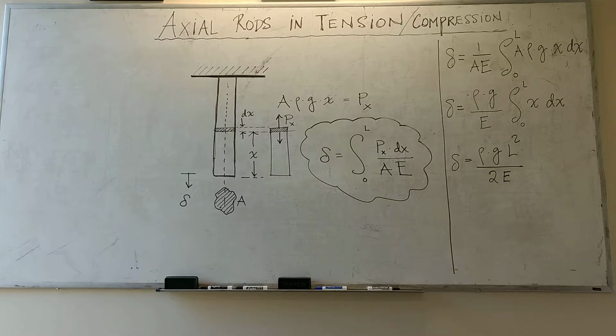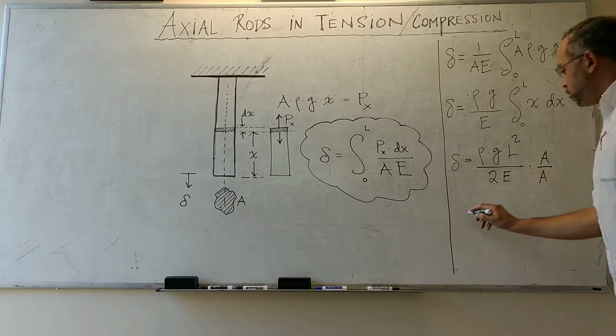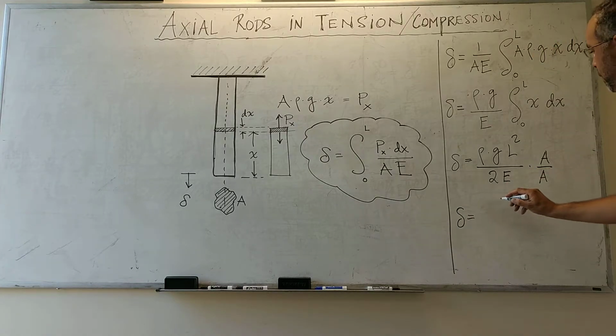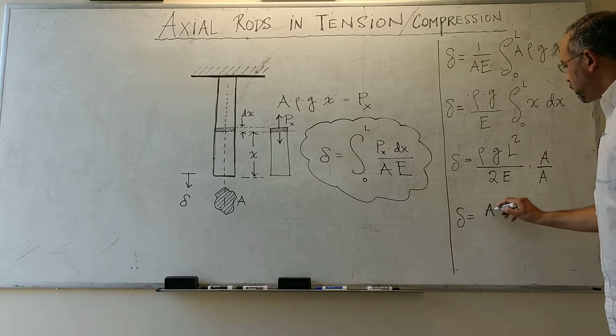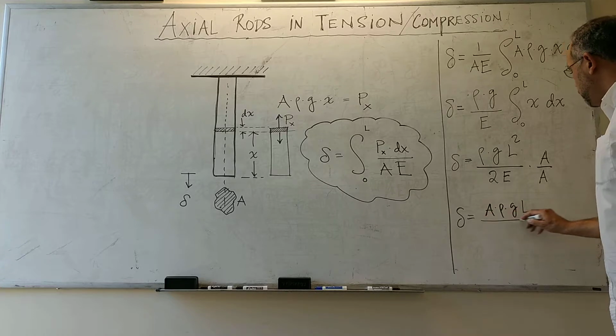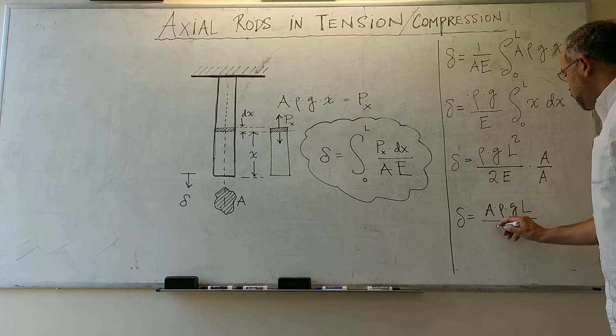To make this result a little bit more intuitive, we are going to multiply and divide by A. It's basically multiplying by 1. But what this does is that it transforms this result into something that we can get some intuition from.